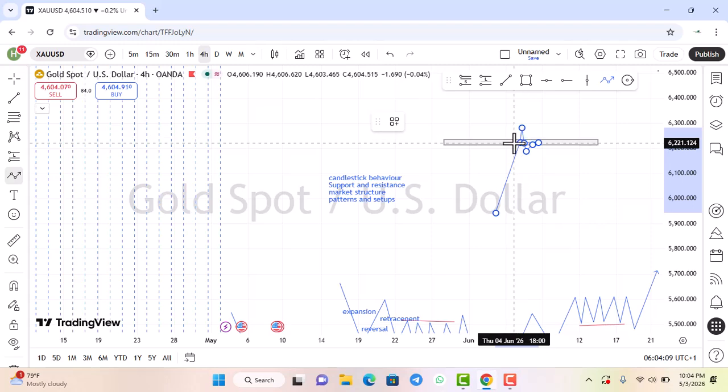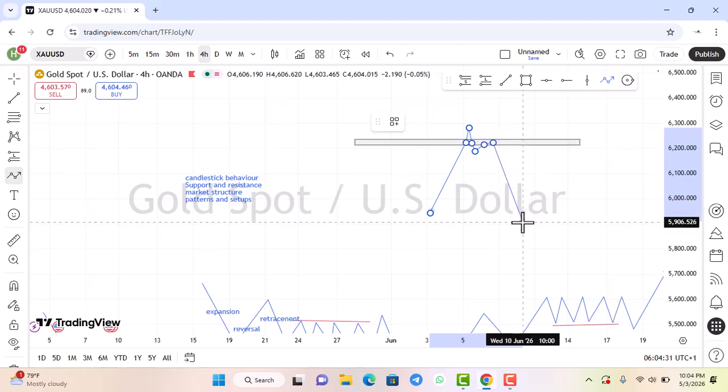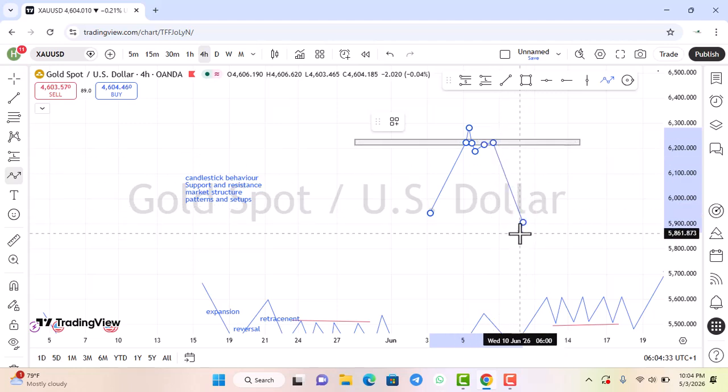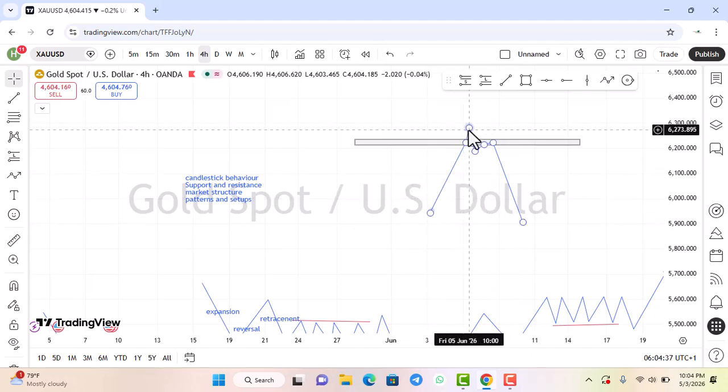So let's say, for example, this is the wick of the last candle that formed at our resistance level. So a price action trader might think sellers are defending this level and there might be a possible sell to the downside, right? So this is how you use price action to make a decision as a trader.